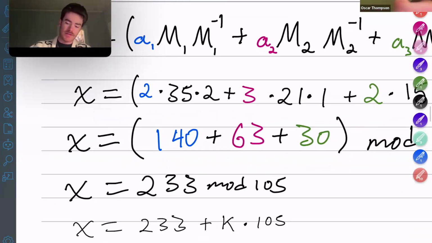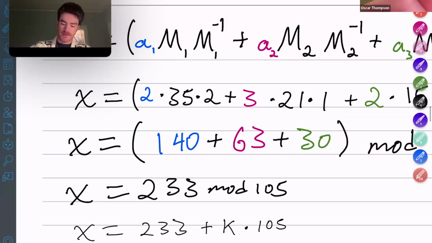So now we just have to solve for x and k in this situation. We get that 233 plus k times 105 gets us x. Counting up, let's say 105, it's still a little bit far away. Maybe let's do 210.